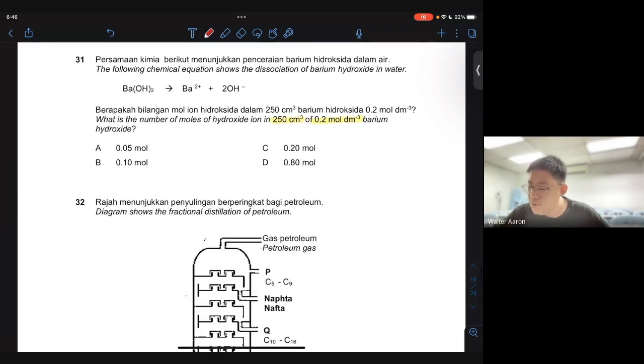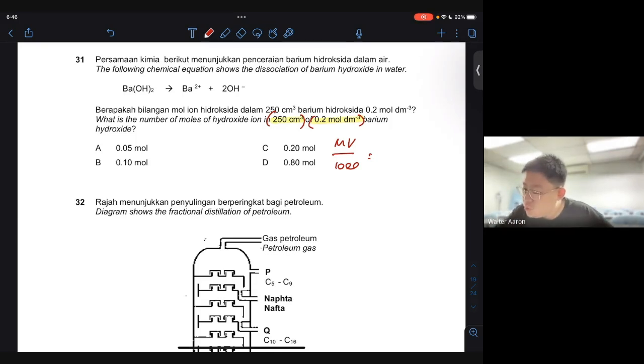We can just use the formula MV over 1000, you can work this out. So then it will be 0.2 times 250 divided by 1000.